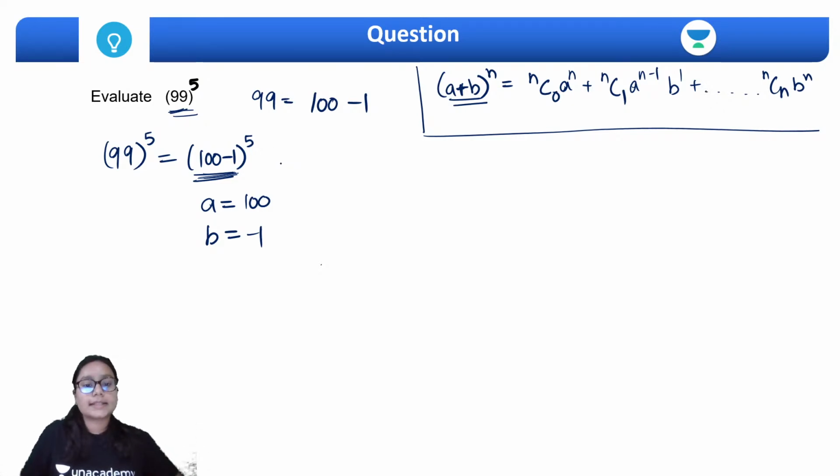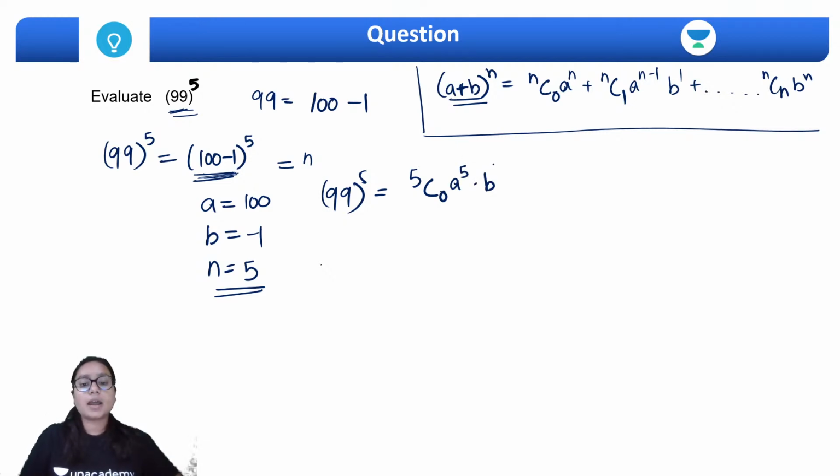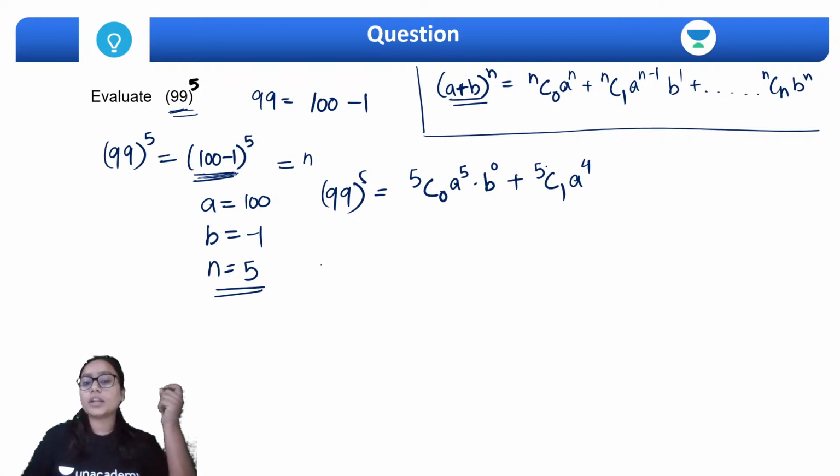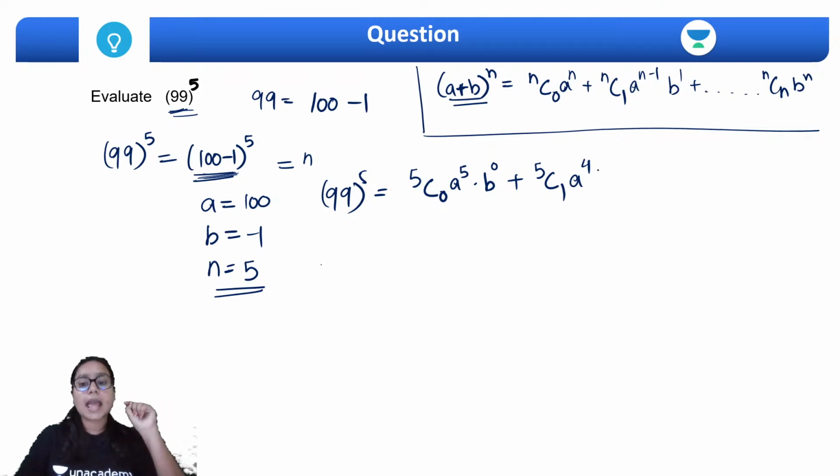Now the value of n, if you see, is 5. So the expansion will be 5C0 a raised to the power 5 into b raised to the power 0 first. Then 5C1 a raised to the power 4. The exponent of a has decreased by 1 and the exponent of b is increased by 1.